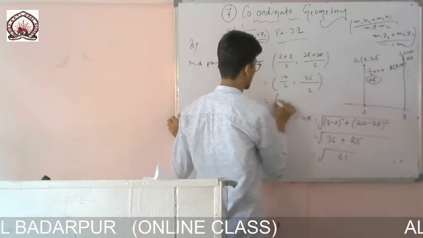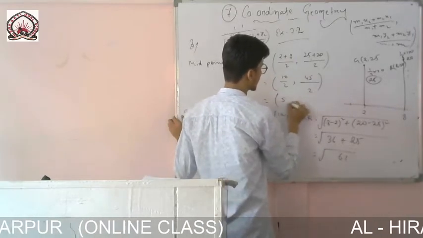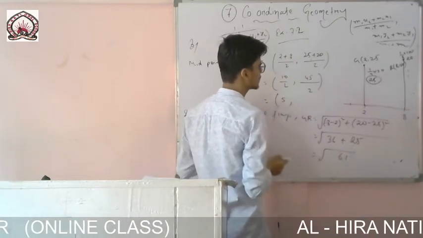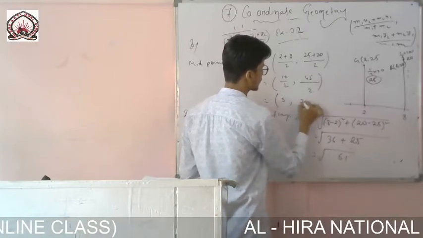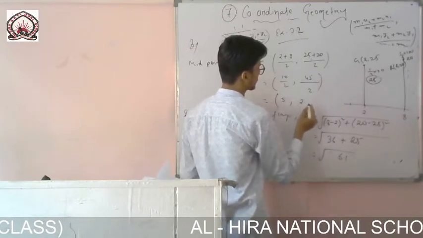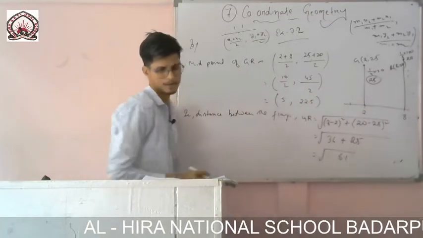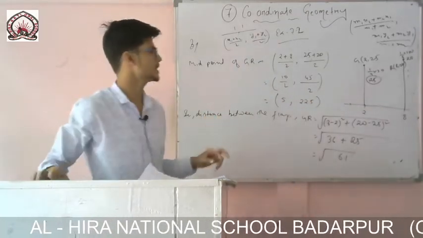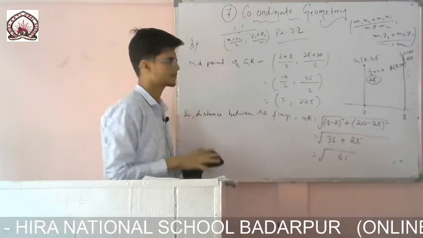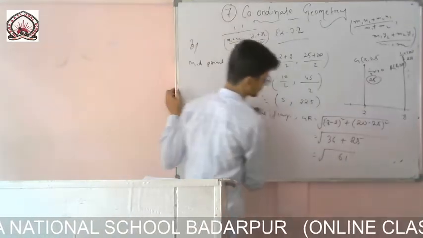So if I write the value, then it will be 5, and half of 45 is 22.5. Because we have to express it, we'll write it in decimal, or else we could have kept it as 45 by 2.